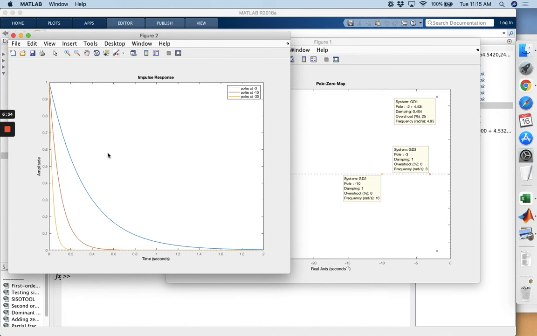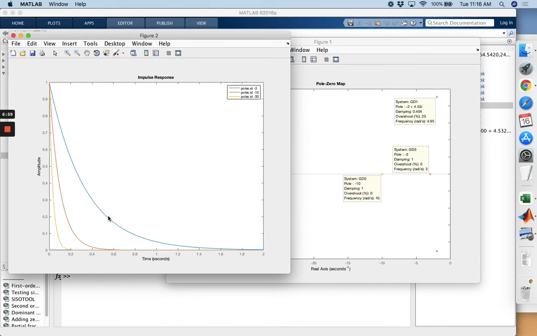The pole at -10 decays much faster compared to the pole at -3, and the pole at -30, represented by this orange plot, decays much faster compared to the pole at -10.